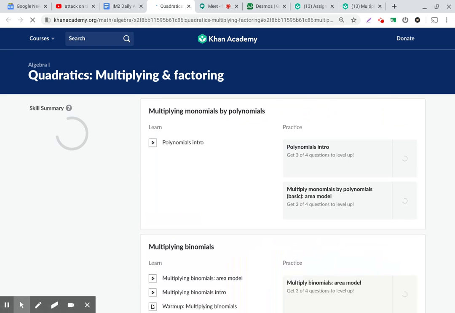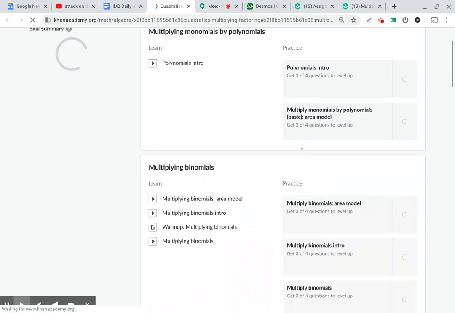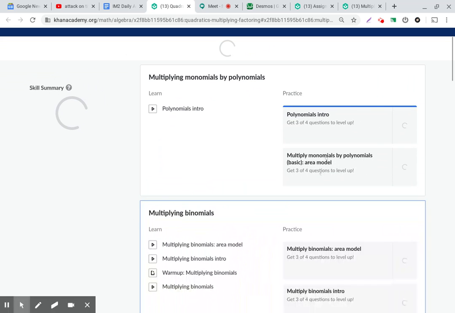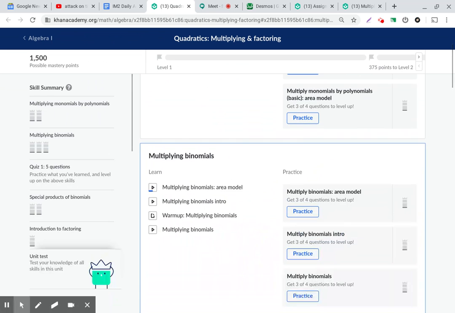So here's what I want you guys to do. I want you to do the one that says multiply monomials by polynomials. Go ahead and do that one, and then take a picture when you have your score. I don't know if it's possible for me to take pictures on my phone. Oh, you can actually do a screenshot when you're done of this, and it'll have all your scores.